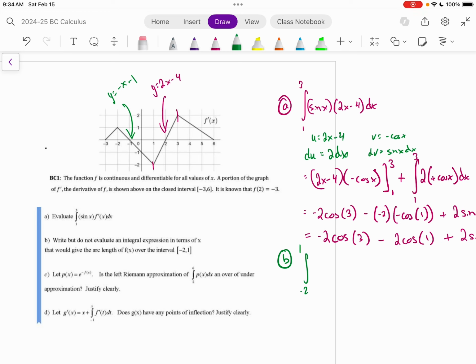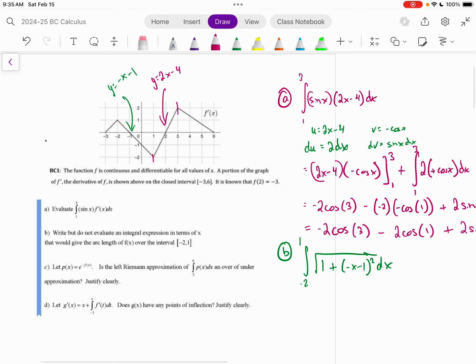So this is just the square root of 1 plus negative x minus 1 squared dx. There's nothing more to do with that. And as we said earlier, some of these things are kind of cumbersome to actually integrate, so a lot of them are just write but do not evaluate type problems.